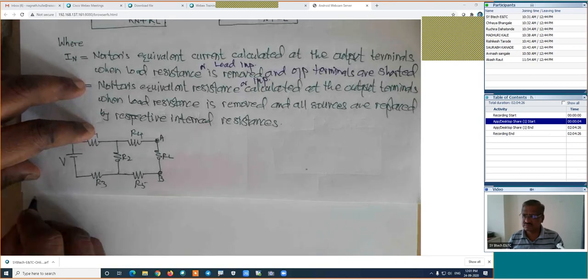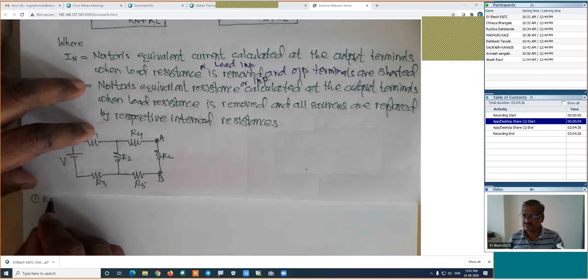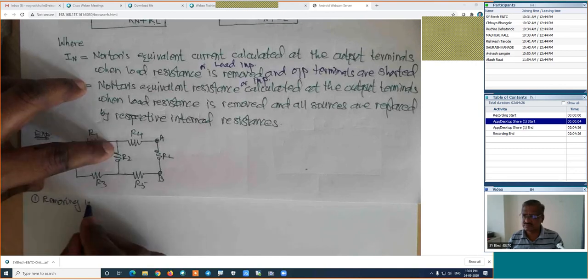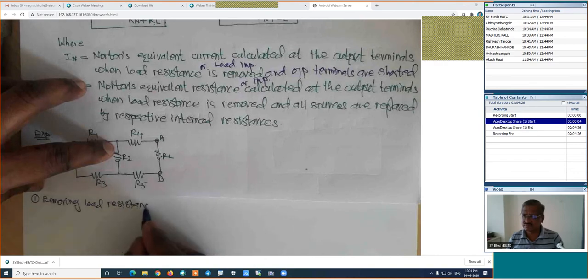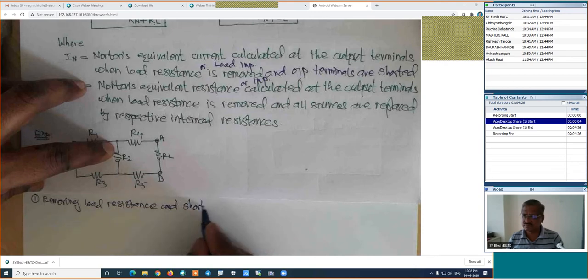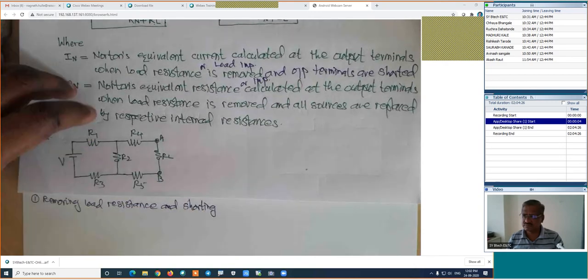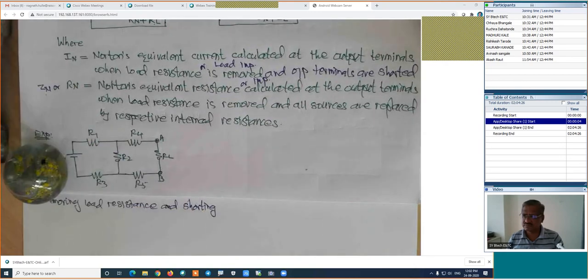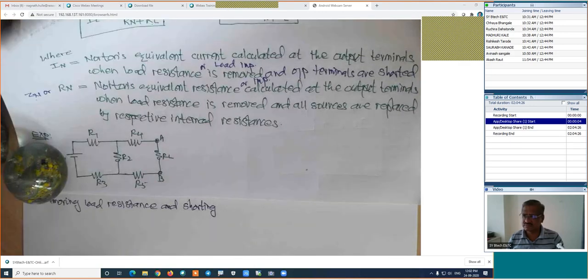Step number 1: removing the load resistance and shorting its output terminals.